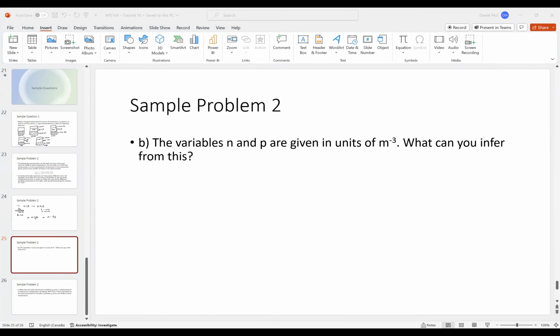For this question, you don't really need to know the variable. It's just talking about what 1 over meters cubed represents. So what's a 1 over volume? So these variables, the 1 over meter cubed, are a type of density.